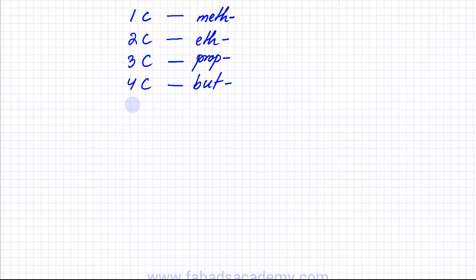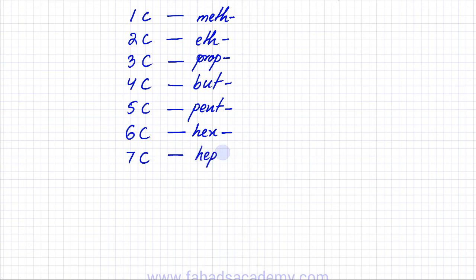If you have 5 carbon atoms, your name would start off with pent. 6 carbon atoms would be hex. 7 carbon atoms would be hept. 8 carbon atoms would be oct.